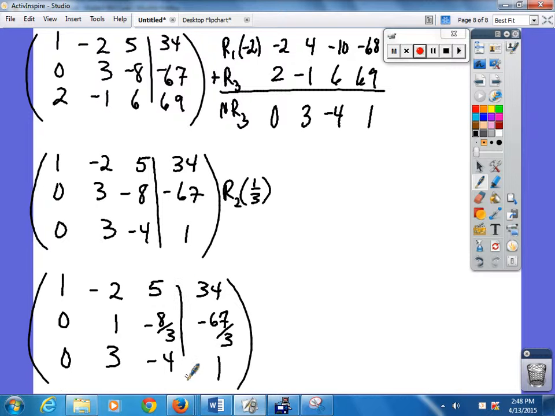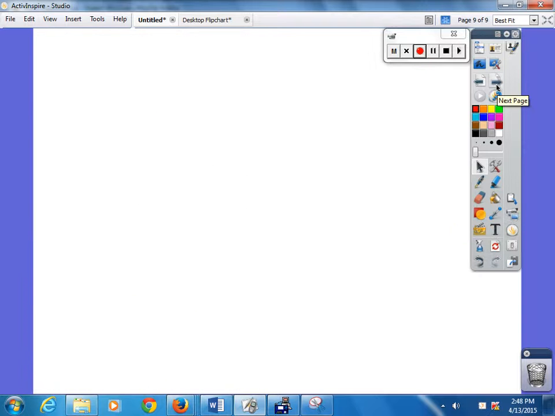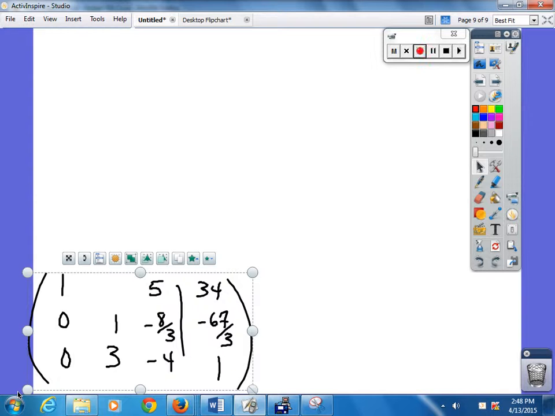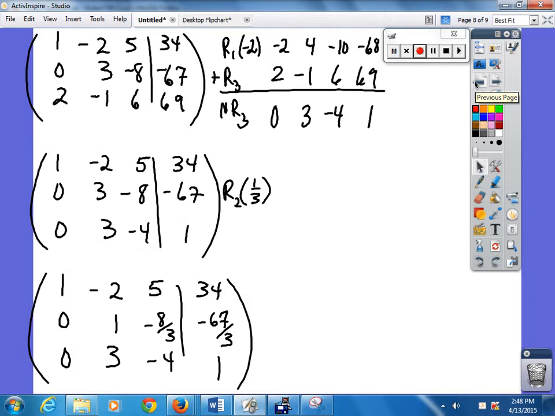Now we need to copy that and put that on the next page. What was that top number, please? Negative 2.